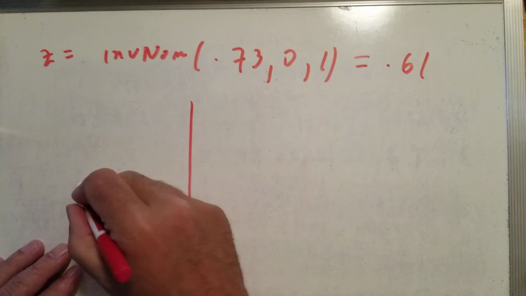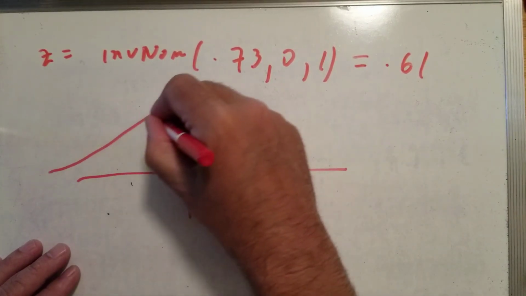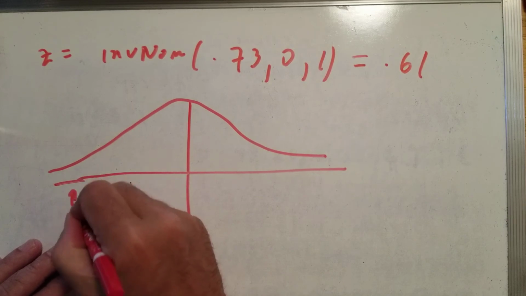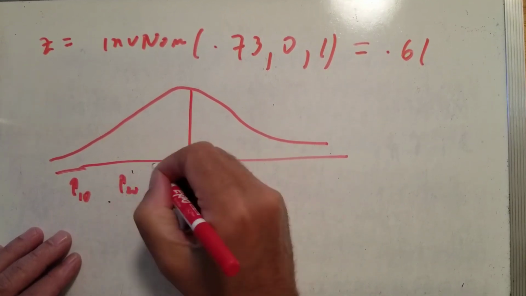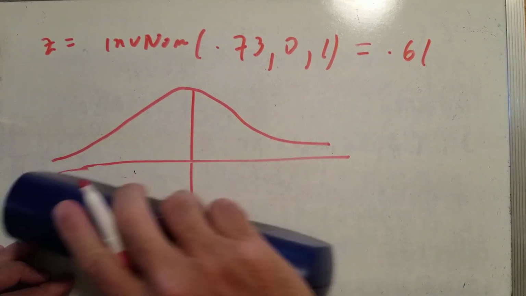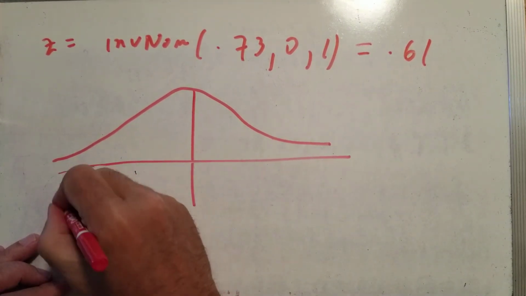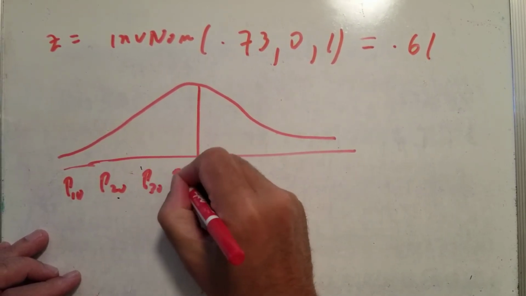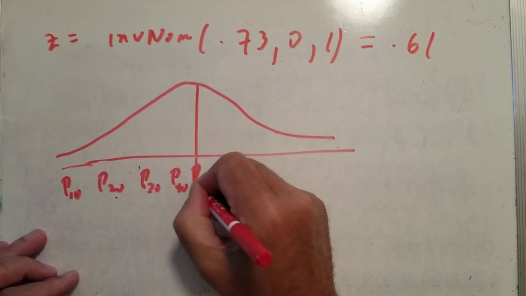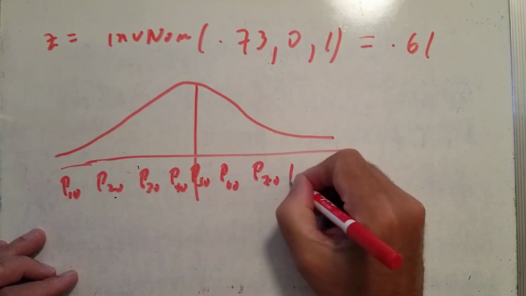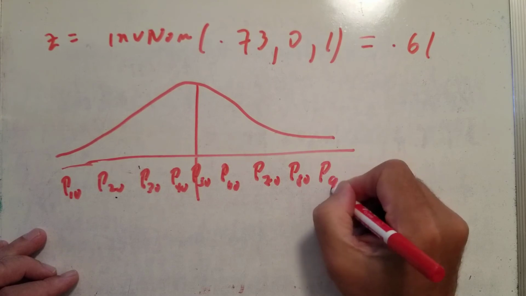Now they may also ask this similar question in terms of percentiles. So here's P10, P20. Now let me make more room there. In terms of percentiles, so here's P10, P20, P30, P40, P50 is right in the middle, P60, P70, P80, P90.